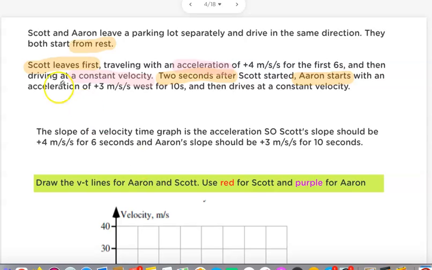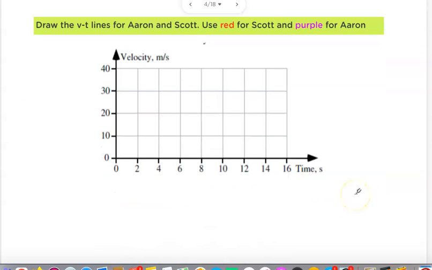Okay, acceleration, constant velocity. So Aaron's motion has 2 different motions, Scott has 2 different motions. Go ahead, pause the video, graph this, and see if you're right.